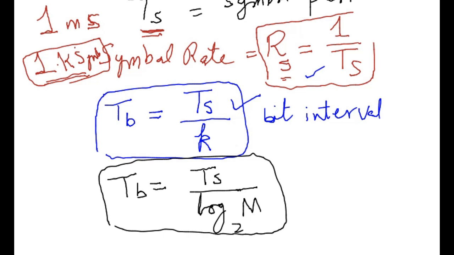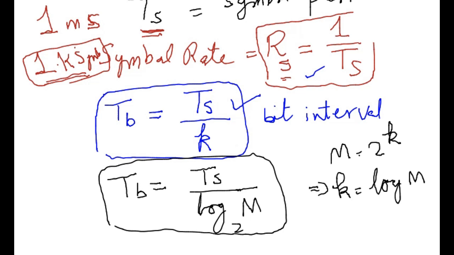We took this from 2 raised to the power k, so of course k is log of M to the base 2. We just replace k in this expression, and this is how we represent our bit interval.